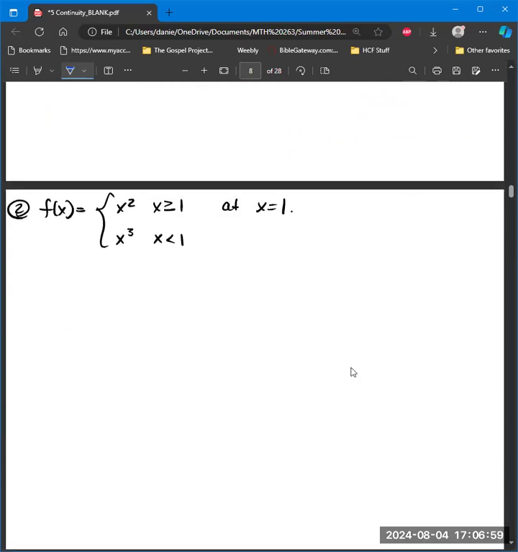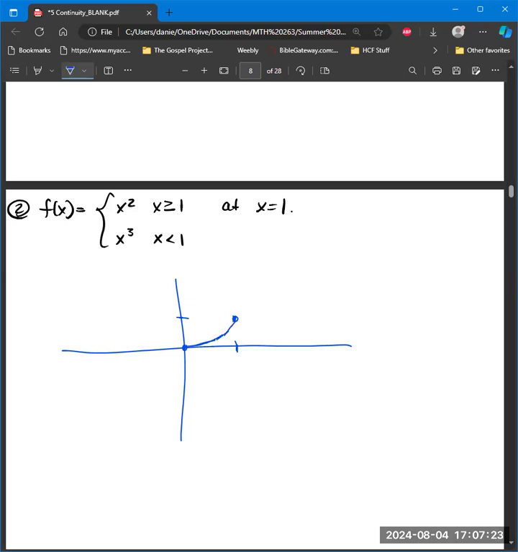If we have f of x is equal to x squared when x is greater than or equal to 1 and is equal to x cubed when x is less than 1, then we get something that looks like this. We have 1, 1 for both of them. We also have 0, 0. This is x cubed, so it's going to be a little bit more down here.